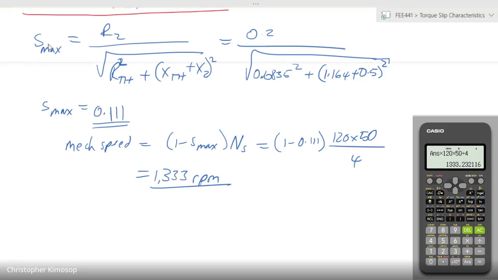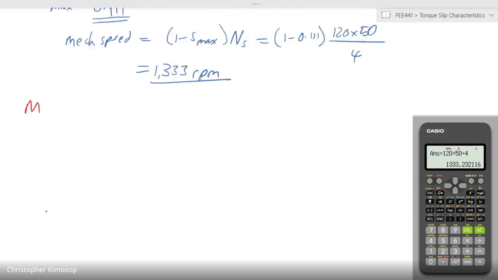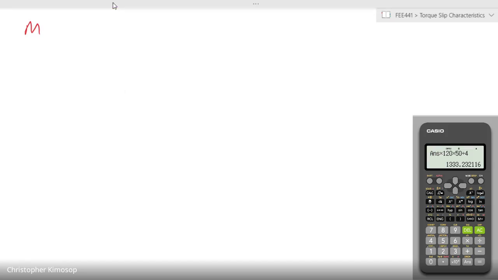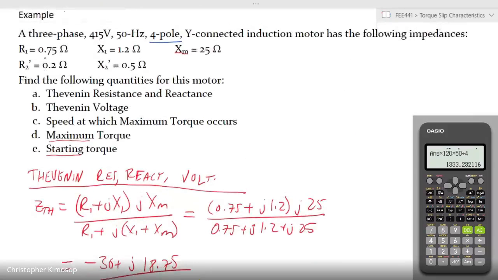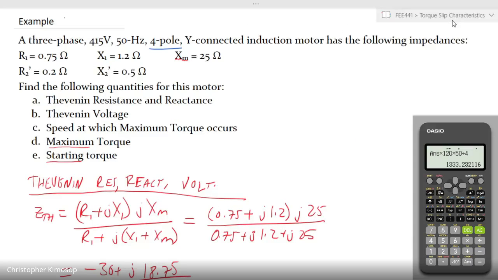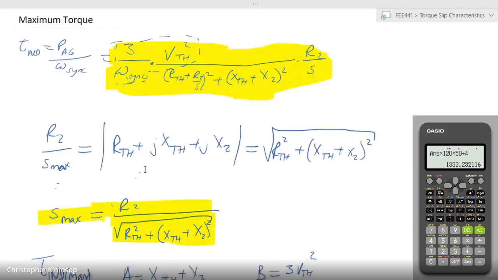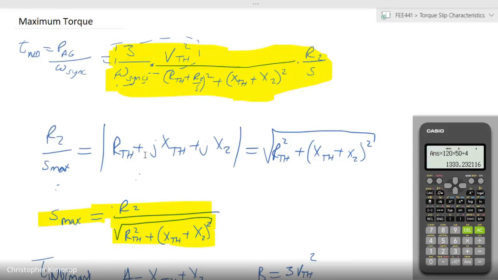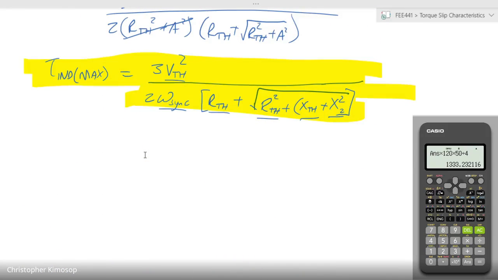What we need next is maximum torque, which has been the whole point of our exercise today. Maximum torque was given by that expression.